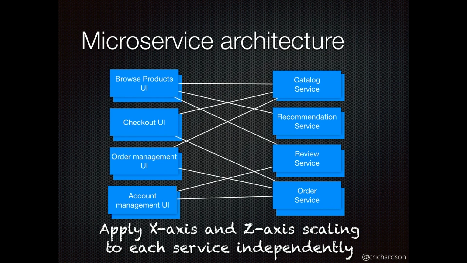We can also independently scale these services. So for each particular service, we can apply x-axis scaling and z-axis scaling independently to meet its availability and scalability requirements. So that, in a nutshell, is what the microservice architecture is all about.